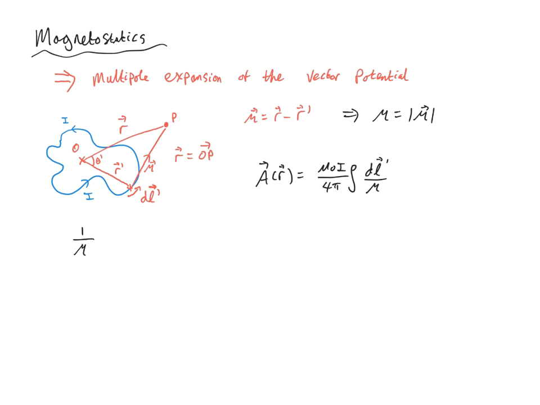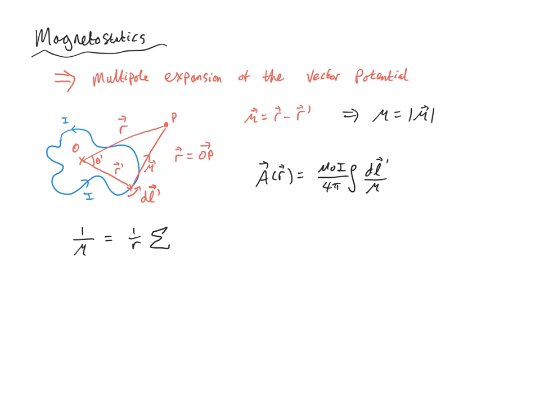We showed previously that 1 over script r can be written as a power series in 1 over r, not 1 over script r, but 1 over r. And the difference enters like this.